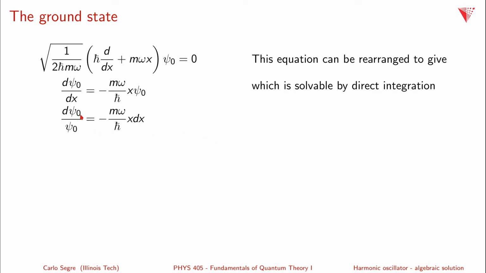Well, this is solvable by direct integration. I just rearrange this, bring the dx over here, bring the psi 0 over here. I have d psi 0 over psi 0 equals minus m omega over h bar x dx.